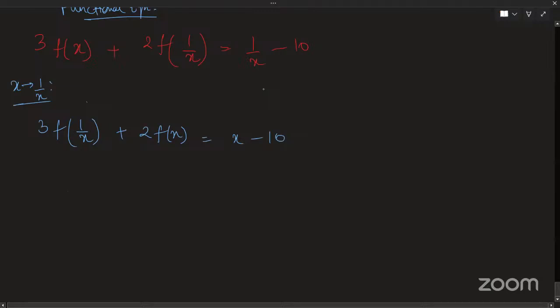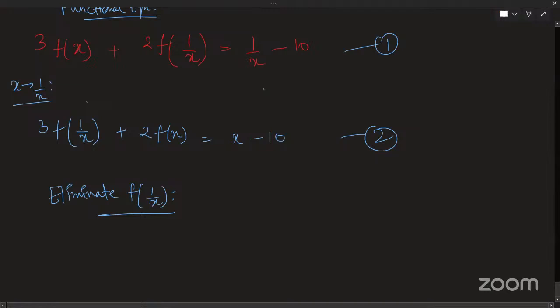So I have got two equations. From these two equations, eliminate f of 1 by x. How will you do that?